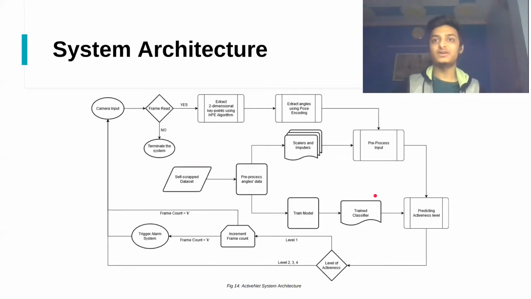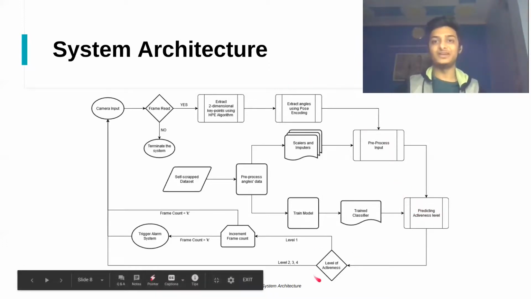We train the classifier, and we predict the activeness levels, so with the input, we basically find out which of the 4 levels that frame belongs to. If it belongs to high activeness, which is basically levels 2, 3, 4, we'll just pass it. And if we find out that the activeness of the person is level 1 for a contiguous k number of frames, then we trigger the alarm system.